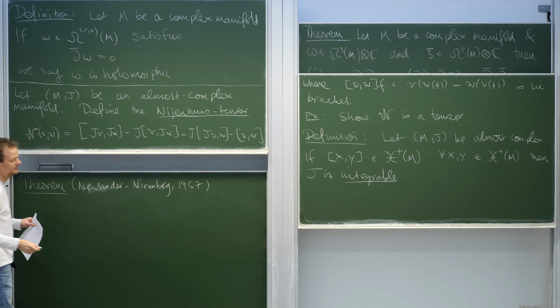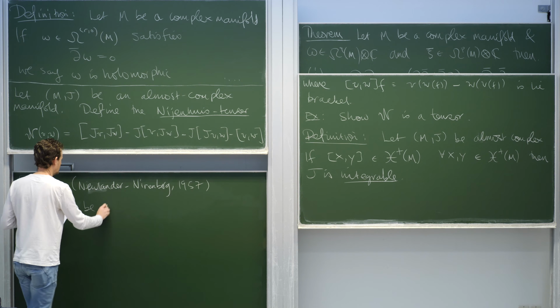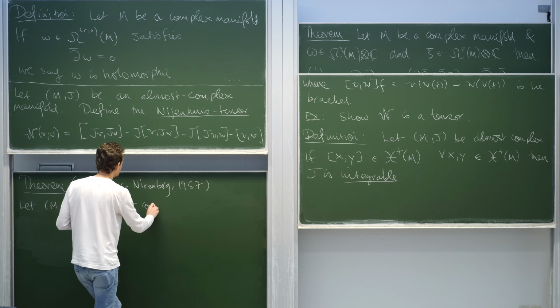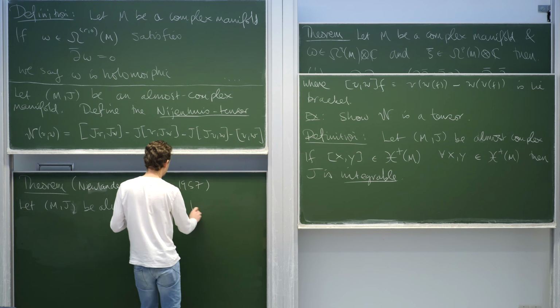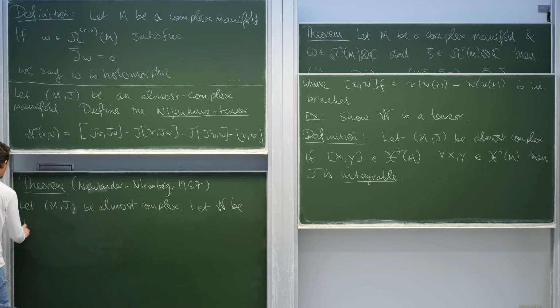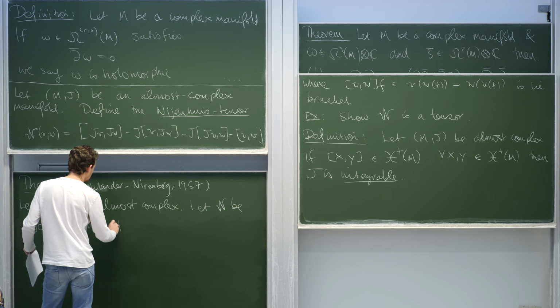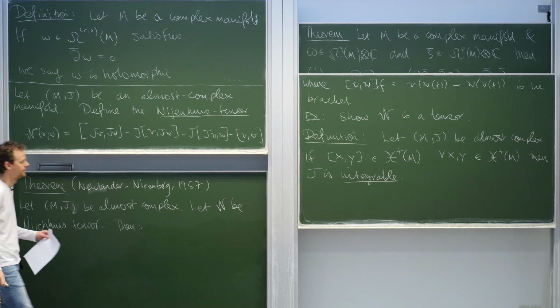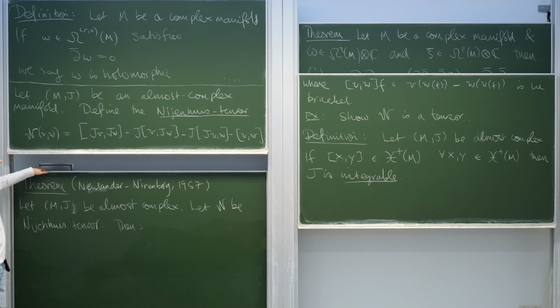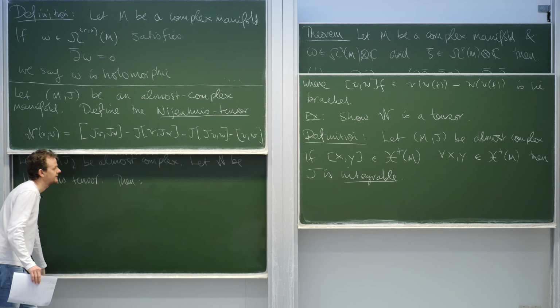This result's been around for a while, 1957. We're going to write down a whole bunch of equivalent conditions for an almost complex manifold to be complex.